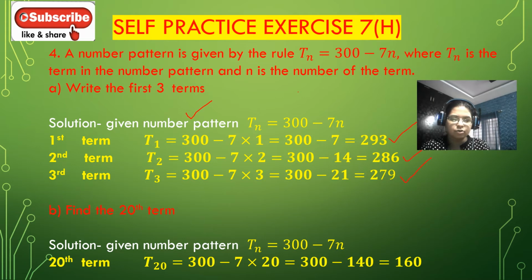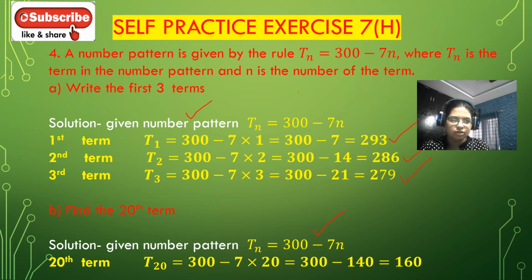Second part, find the 20th term. We have to find the 20th term of the number pattern Tn equal to 300 minus 7n. That is, we have to put the value of n equal to 20.